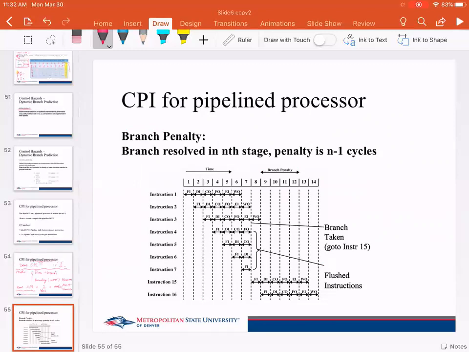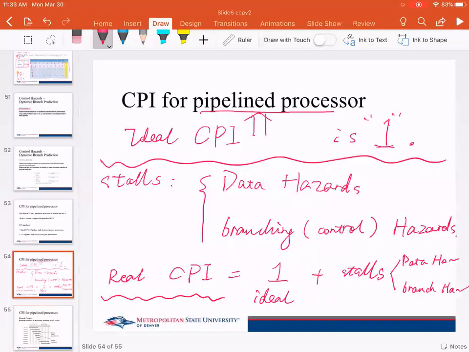I'm curious about how much extra stall the branch hazards will generate. If I'm able to calculate how much extra time I have to pay for the branching hazards, then I'm fine to calculate the real CPI for a pipeline processor.